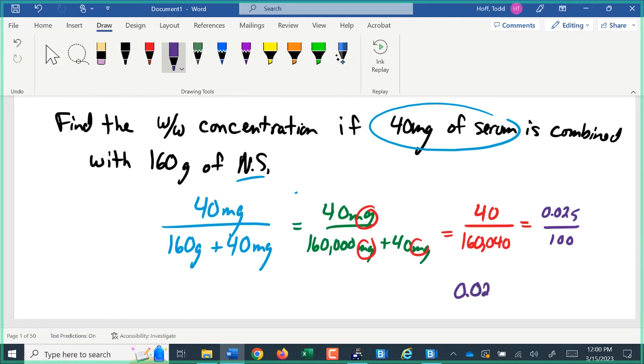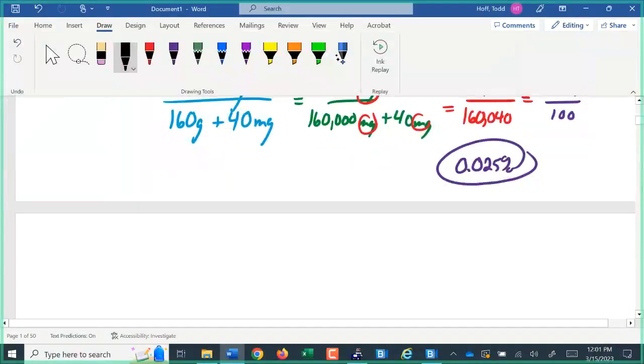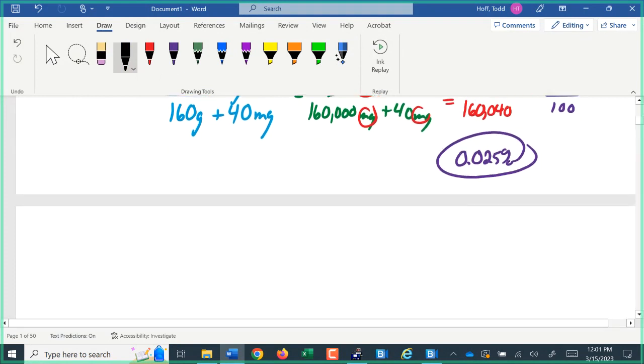That's 0.025%. Typically, some of our stronger medications, like strong antiseptics such as zinc chloride, are down to under 0.1%, or even in this case, a few hundredths of a percent concentration.